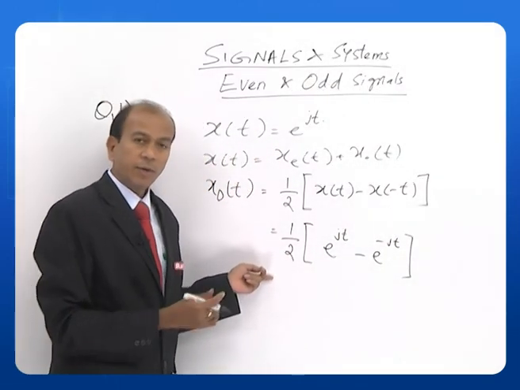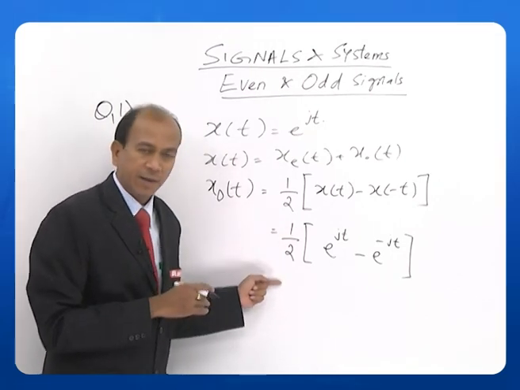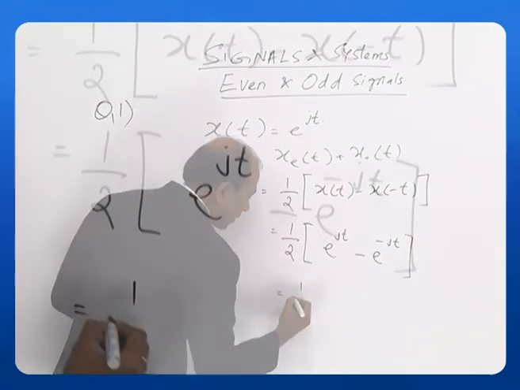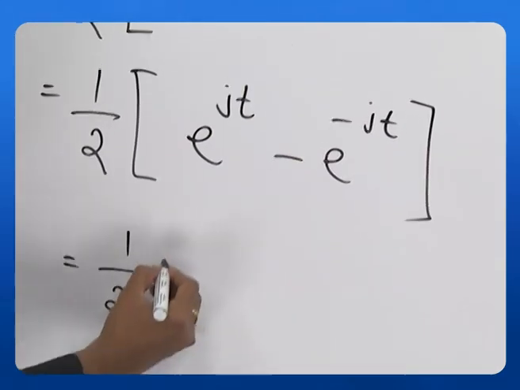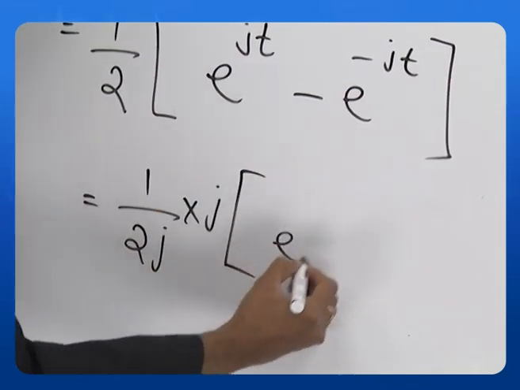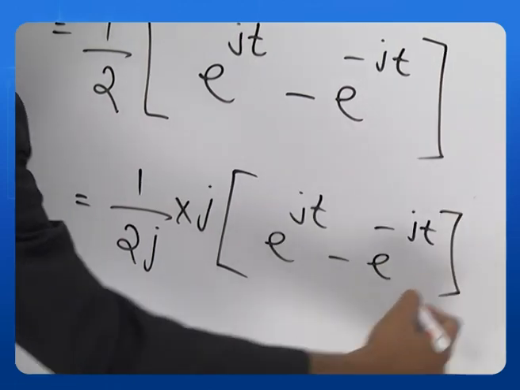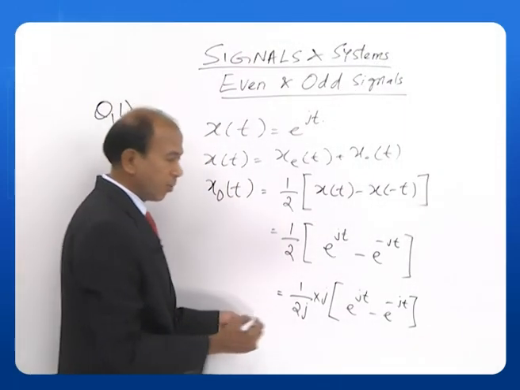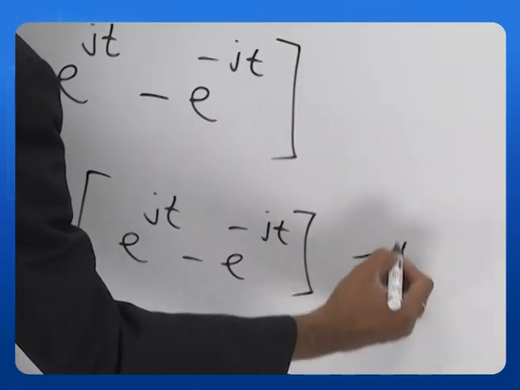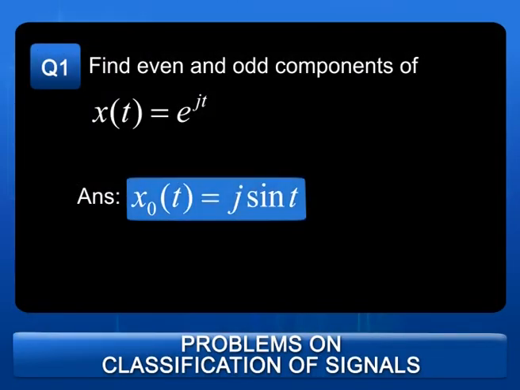Okay. To get this into the standard format, I will divide and multiply by j. So I can write this as 1 by 2j into j, e to the power of jt minus e to the power of minus jt. So this is equal to j into sin t. Okay.